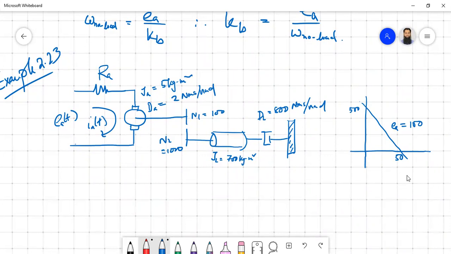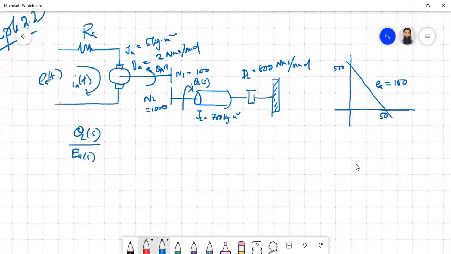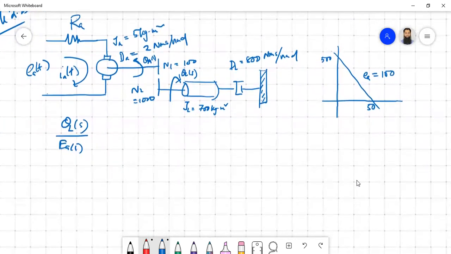What we have to figure out is theta L(s) by E(s). The only difference is that we calculated theta L, which is on this side, but we have to calculate it here, theta(s). We'll deal with that later. First of all, let's check what is known to us and what we have to calculate.